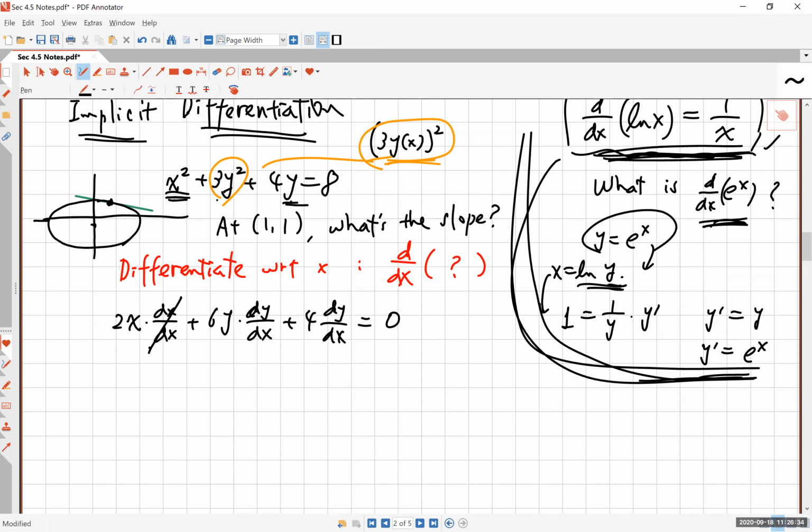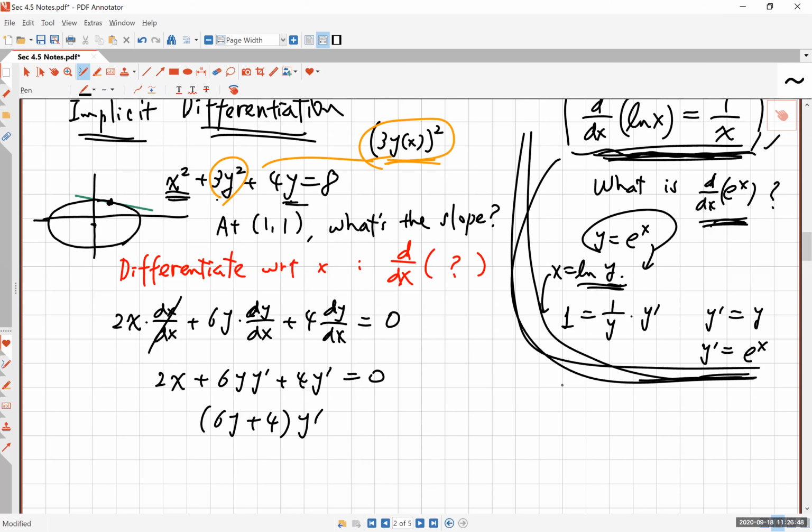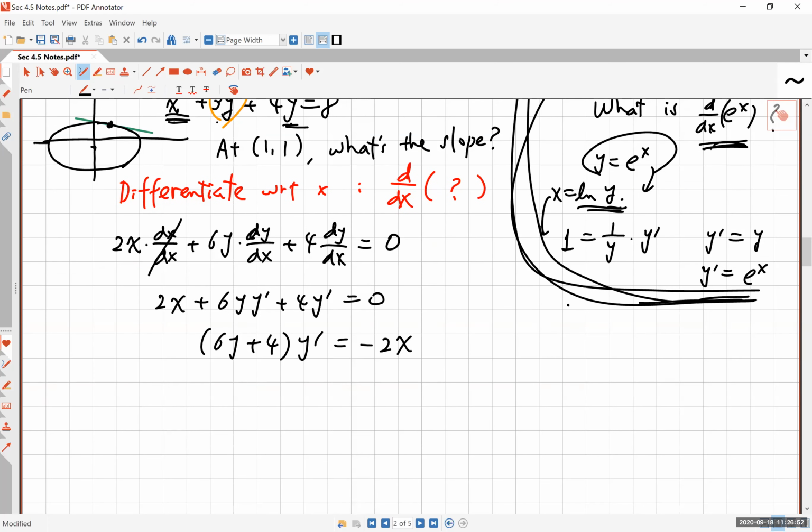And so this is of course 1. So this becomes 2x plus 6y y prime plus 4y prime is equal to 0. I can capture all the y prime terms, of which there are 2, and then move the other one to the other side, negative 2x, right?